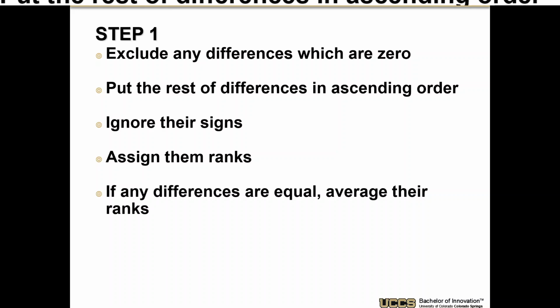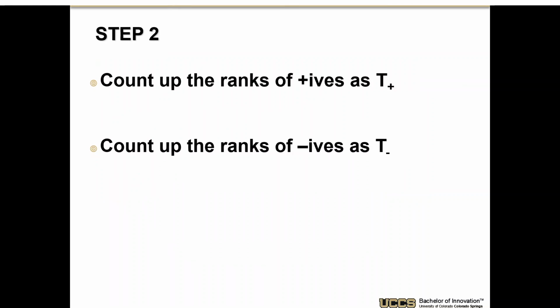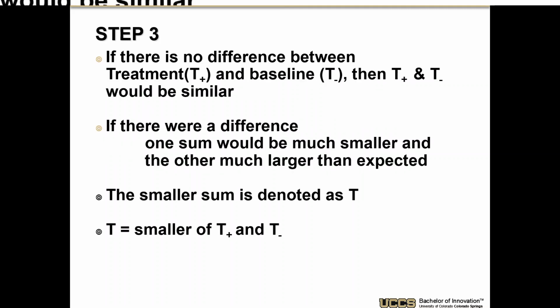And then we count up the ranks for the times algorithm 1 won, and count up the ranks of the negative ones. The underlying idea here is that if this was truly random, then those rankings of which one wins would be about the same.